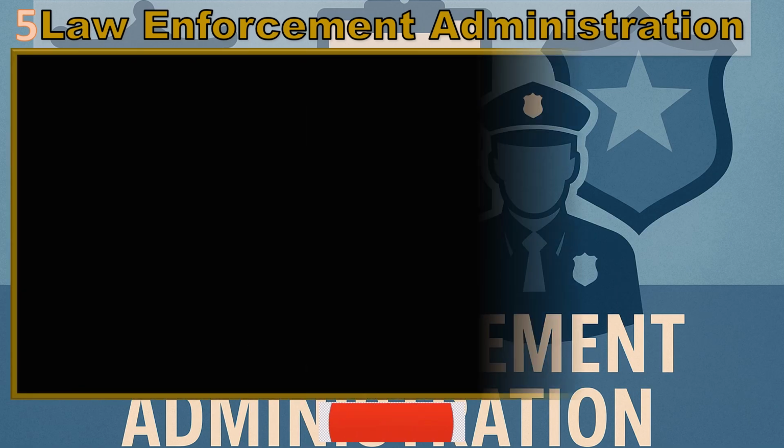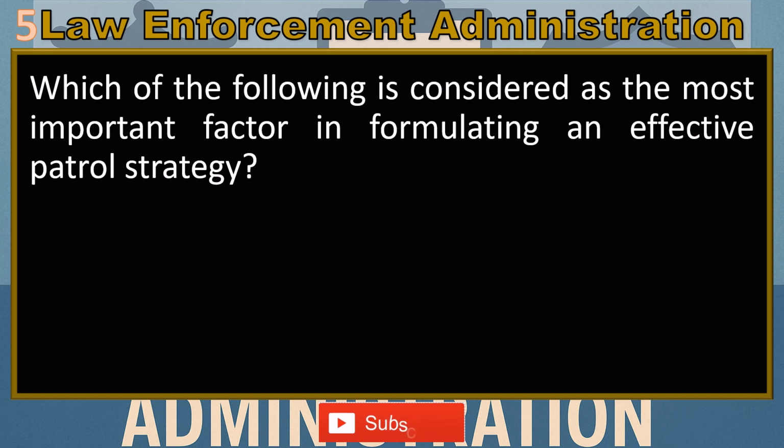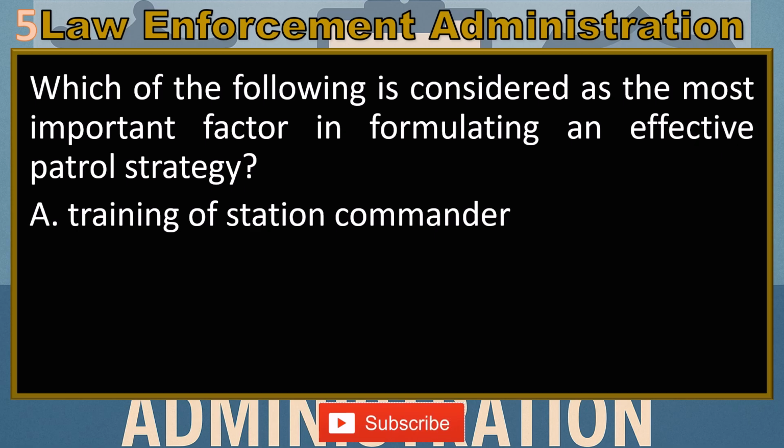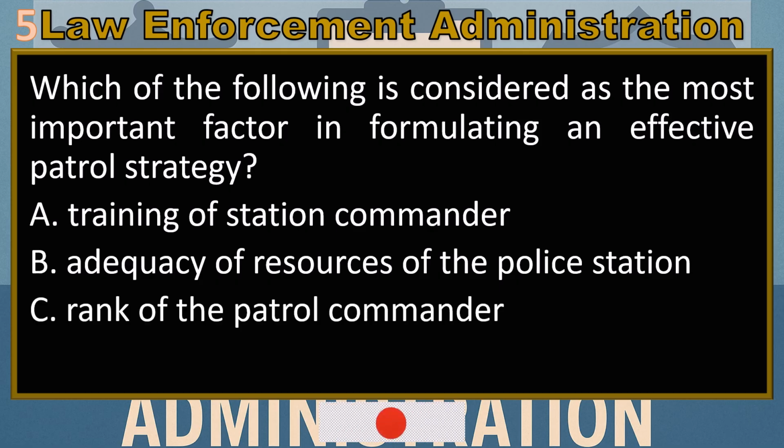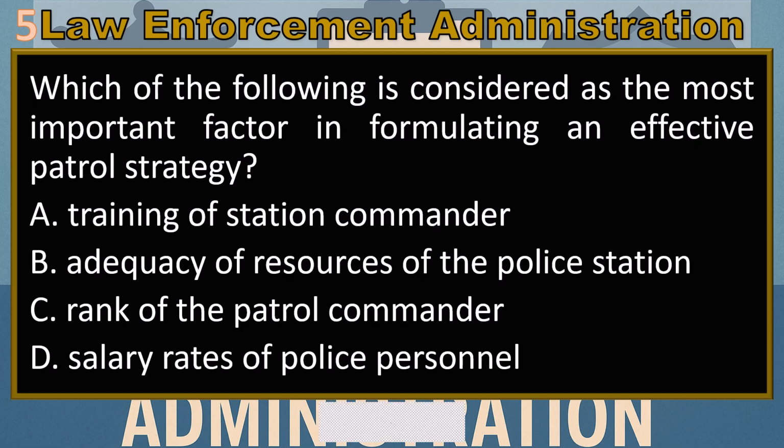Which of the following is considered as the most important factor in formulating an effective patrol strategy? Letter A: training of station commander. Letter B: adequacy of resources of the police station. Letter C, rank of the patrol commander. Letter D, salary rates of police personnel.